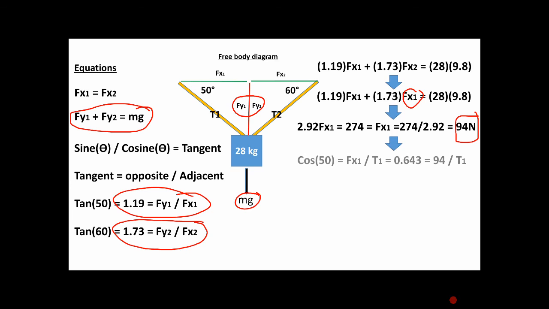We can start solving for the tensions. So the cosine is equal to Fx1 divided by T1. Rearranging that, you end up with 94 divided by 0.643, which gives us our tension 1, which is 146 newtons.